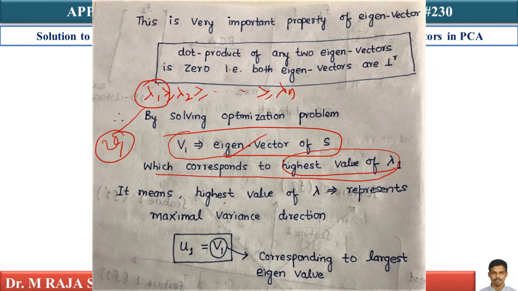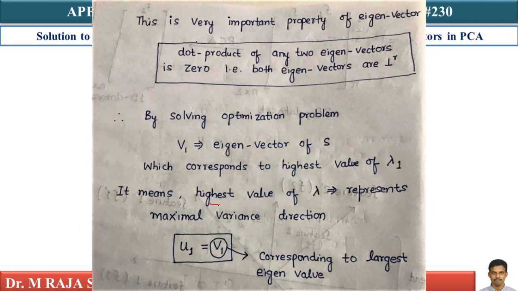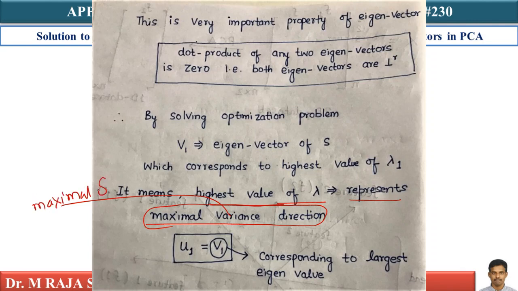This is one more important property: the highest value of lambda represents maximal variance, maximal spread, in that direction. Therefore, what is my U1?